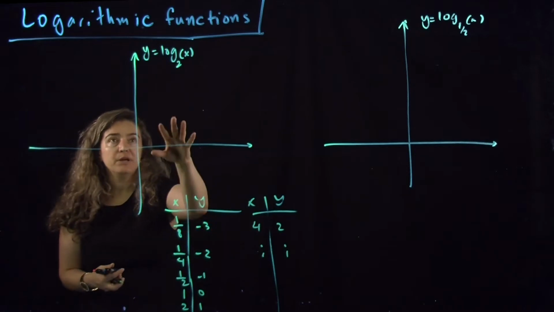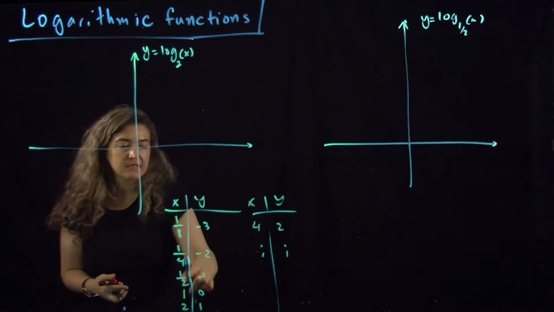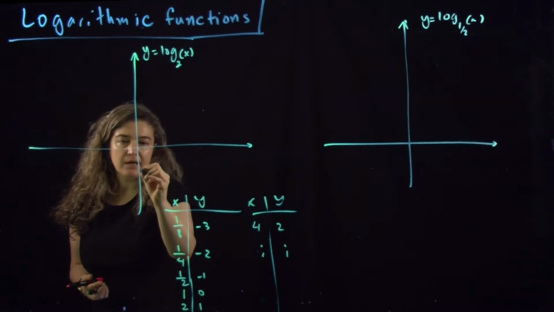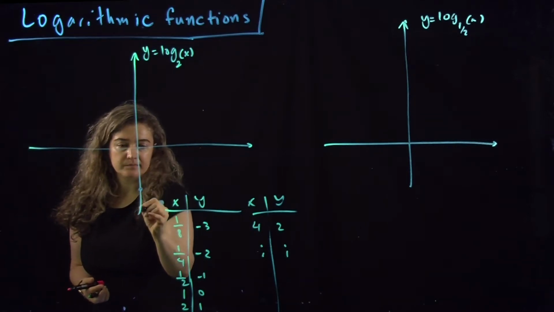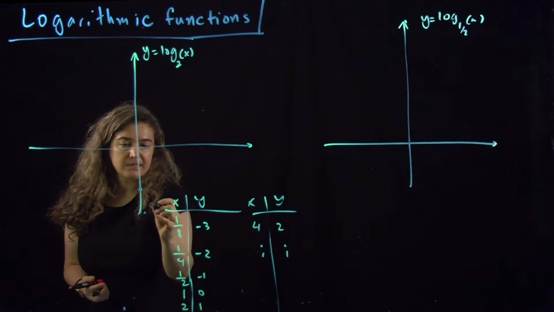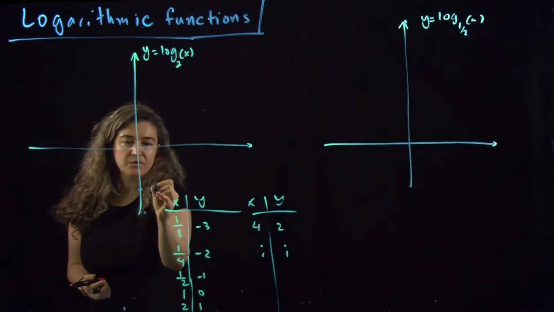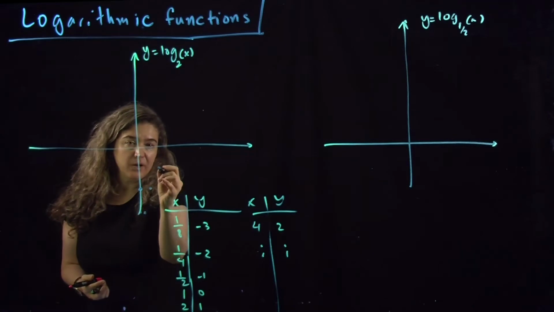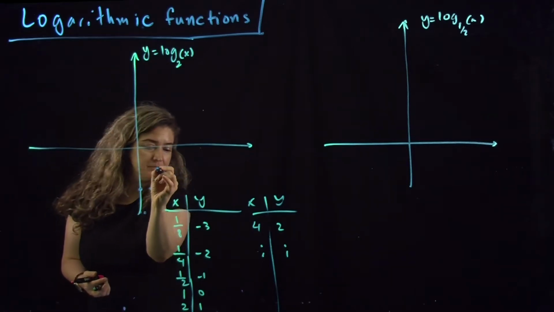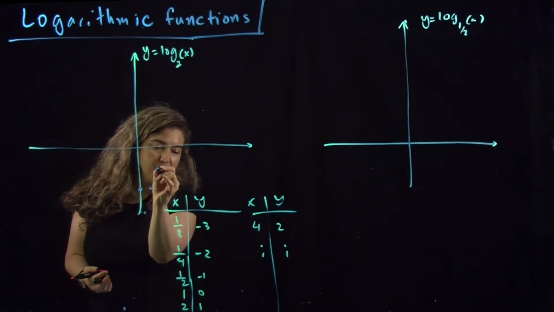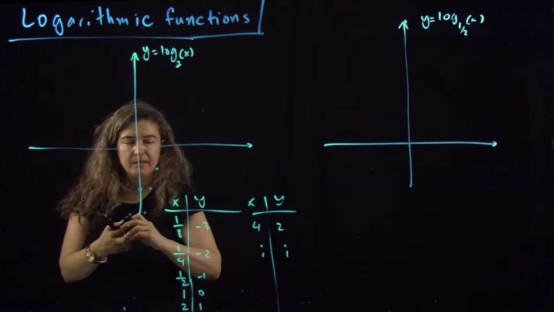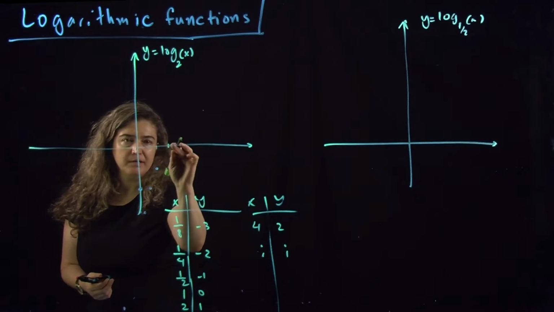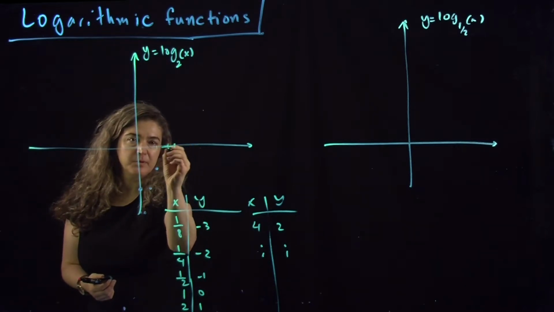Putting those points in here, I see that at 1/8 I have -3 down here. Then at 1/4 it is -2, and at 1/2 it's -1. This would be 1/2, and then this would be 1.